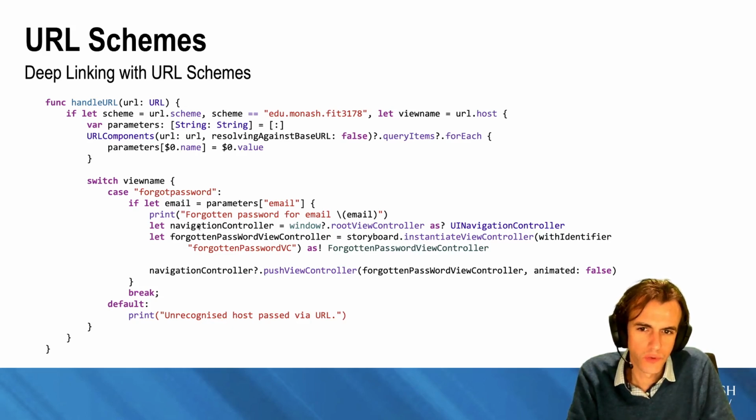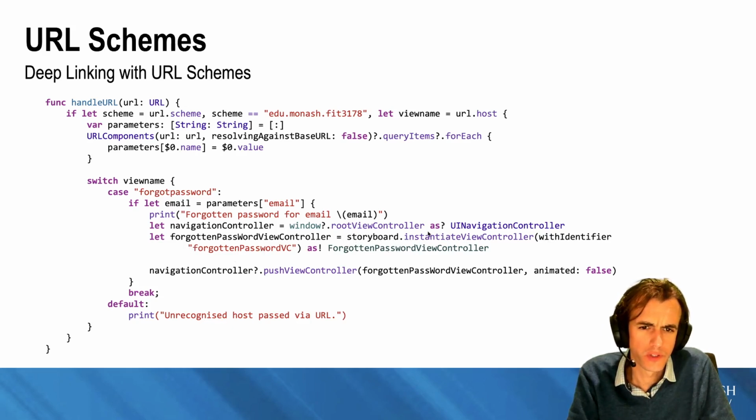So we're doing this all through code, and we're getting the main window, the root view controller, which we know because we've structured the app that way, is a UINavigationController. We want to create the view controller we actually want to see, which is a forgotten password view controller, and we do this by asking the storyboard to instantiate a view controller with the forgotten password view controller identifier.